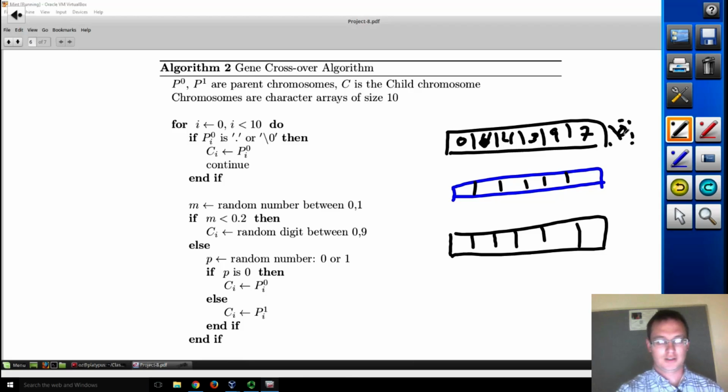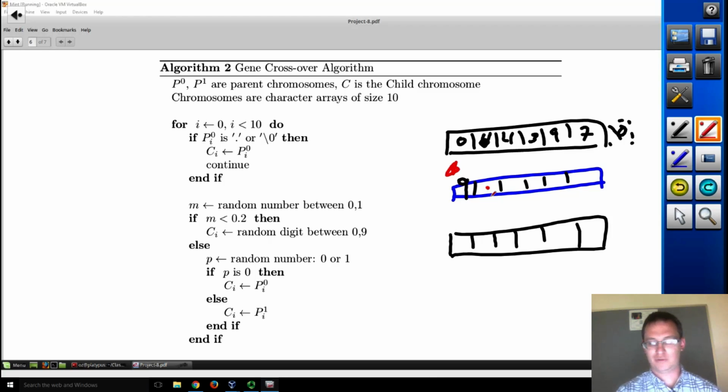Basically we're going to say there's a 20% chance that these get generated at random. So if we hit that here, then we get a new number generated completely at random in here. Then we move on to the next one. That's a decimal point, so we store the decimal point and move on. The next one doesn't get mutated because m is 0.5 or something.